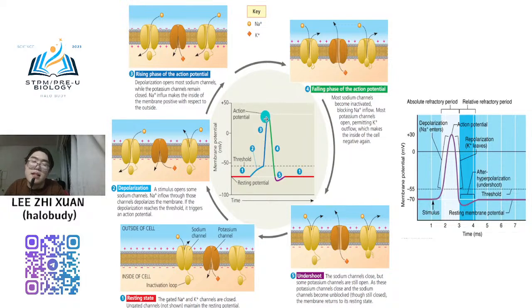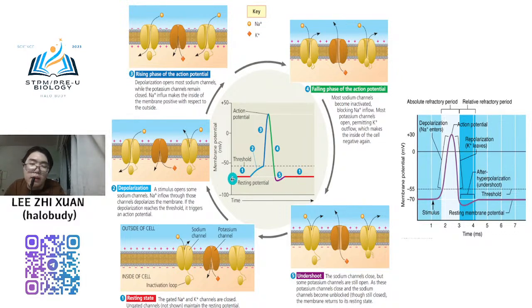Okay, once the action potential is triggered, then it will flow back. This is called repolarization. Repolarization means it starts to polarize back again to the resting state. So the membrane potential starts to decrease until negative, and then it will decrease more negative compared to resting potential.